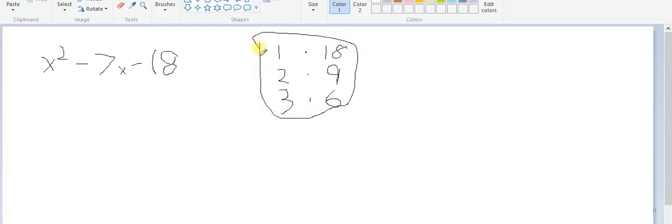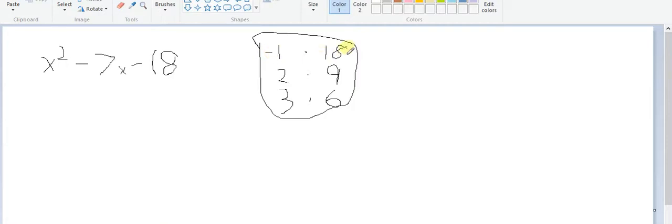Now, of these three options, we need to find a way to get to this negative 7. We need numbers that multiply to negative 18, which are all of these, and then out of these, we need to find a pair that adds together to get negative 7. So with the first option, 18 and 1, one of these has to be negative, so let's make the 1 negative.